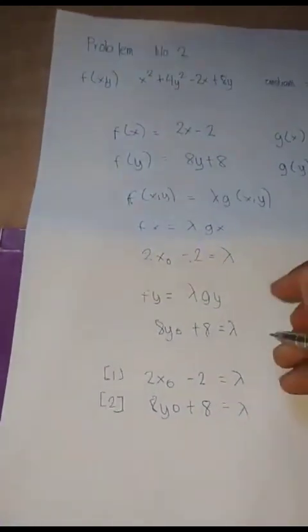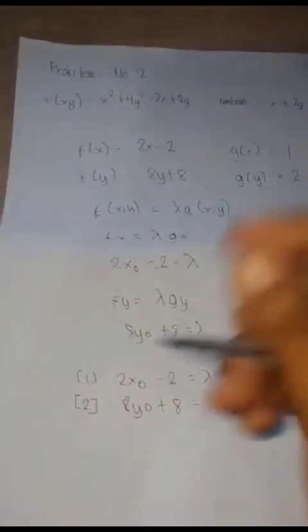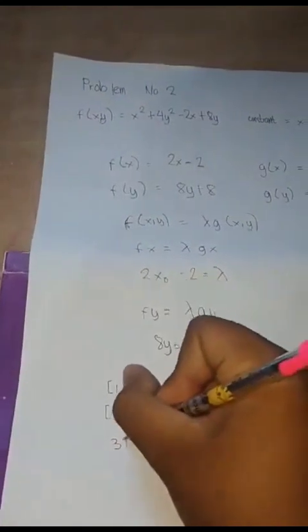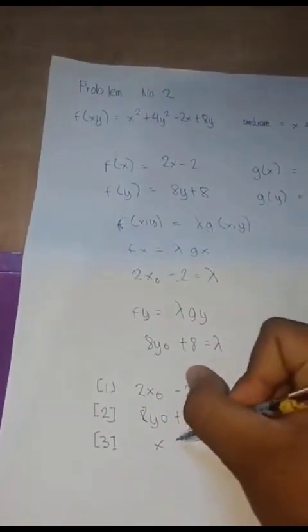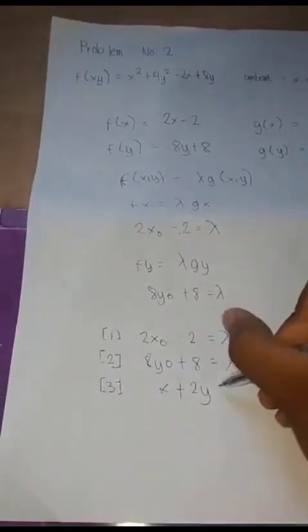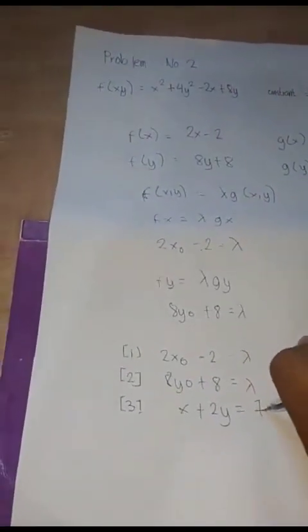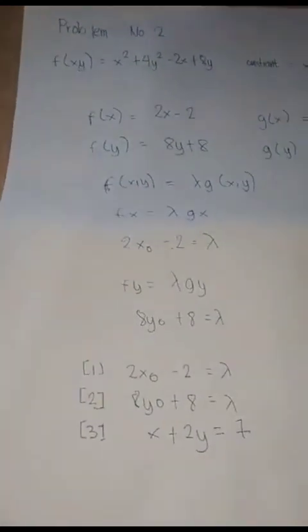And our third equation is the constraint, which is x plus 2y equals 7.